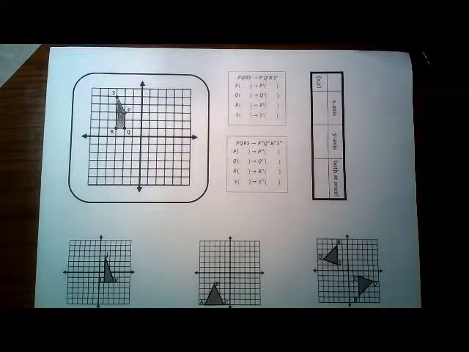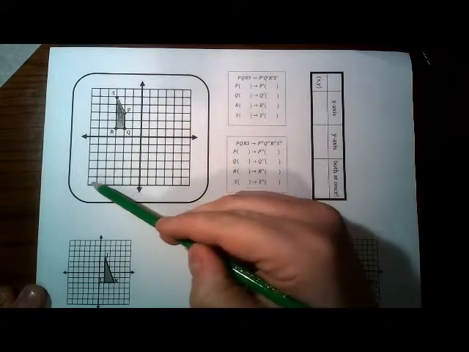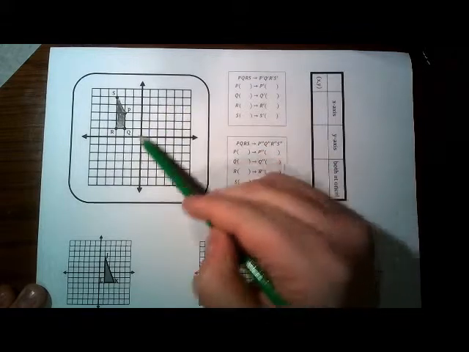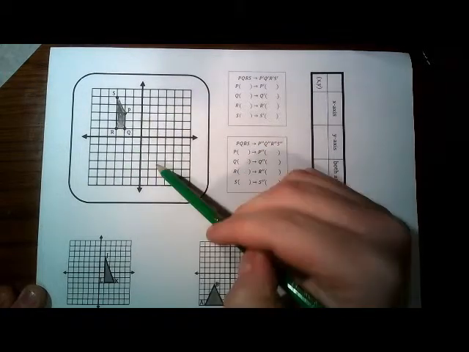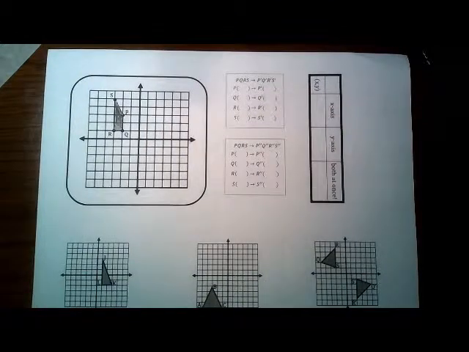Once you get into Algebra 2 or possibly pre-calculus, they'll have you start reflecting images over a certain line, like the line y equals x, which is this line here. That's a different type of reflection with functions. We don't go over that in Algebra 1. It might be in exceeding expectations, so if you want to learn how to do that, I can show it to you individually, but it's not going to be part of this video.